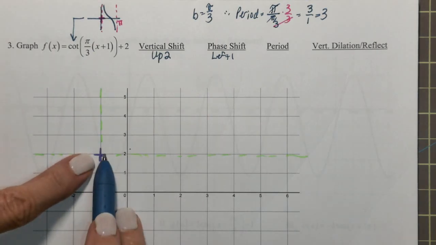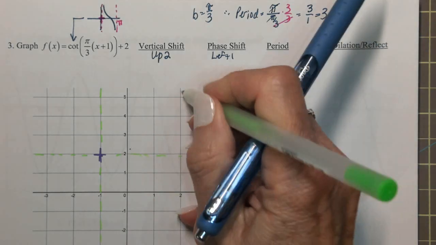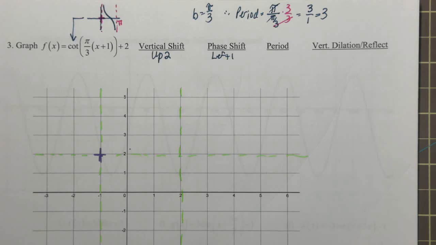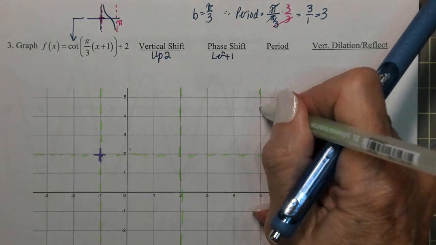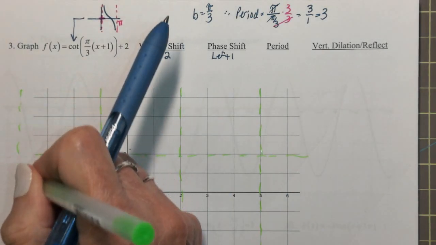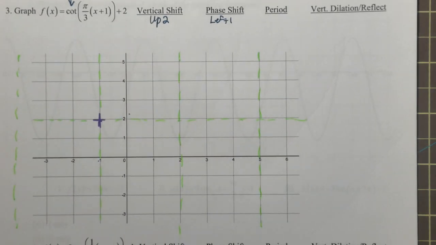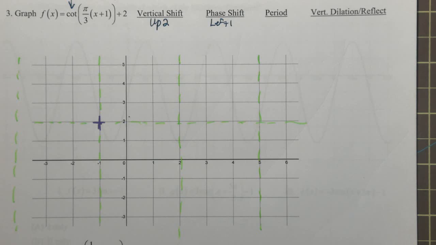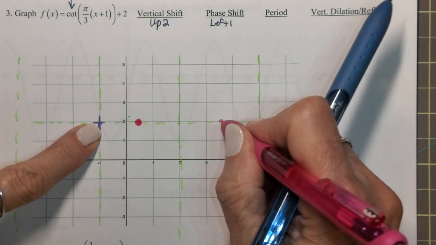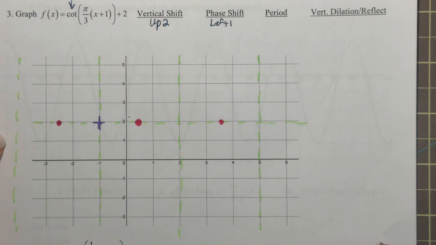So from here, after 3 units, I have another asymptote. After 3 units, I have another asymptote. And every 3 units, I have another asymptote. Okay? Halfway between there, I'm going to be right on the center line. So halfway between there, I'm right on the center line.